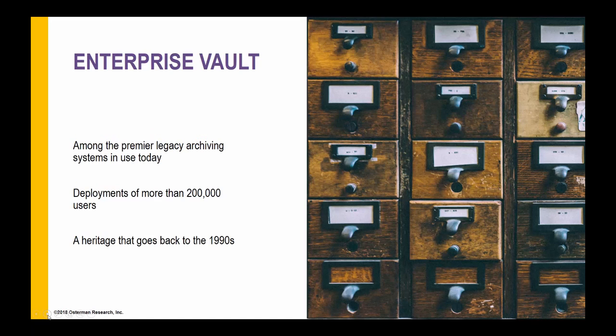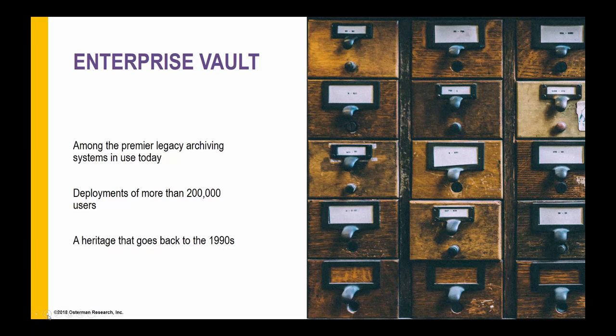So Enterprise Vault, as we all know, is really one of the premier legacy archiving systems in use today. It has been around for a very long time, going back to its KVS heritage in the 1990s, and it's been a very successful platform, first for KVS, then for Symantec, and now for Veritas. There are deployments of more than 200,000 users in some cases, and Enterprise Vault really is very widely used in the industry.